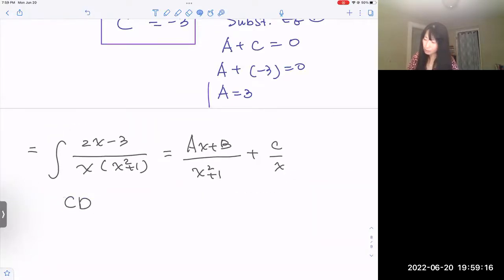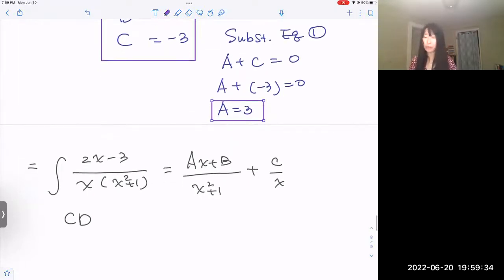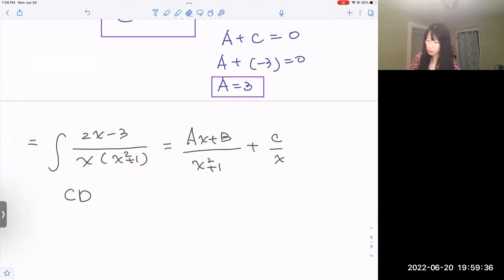Okay, so we have a equal to 3, b equal to 2, c equal to -3. Okay, so here I'm gonna integrate.